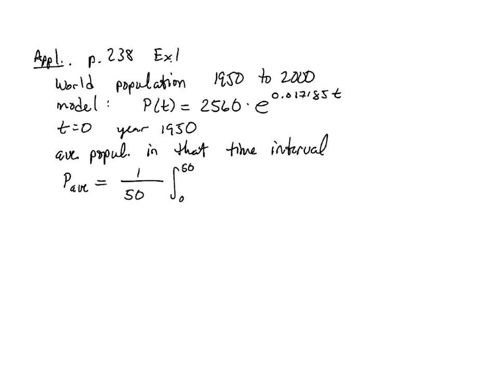That's from 0 to 50, because t equals 0 is 1950, then t equals 50 is 2000, and then we integrate the model function. That's a straightforward integral to compute. I'll leave that to you. This is the end of the lecture on section 6.5.